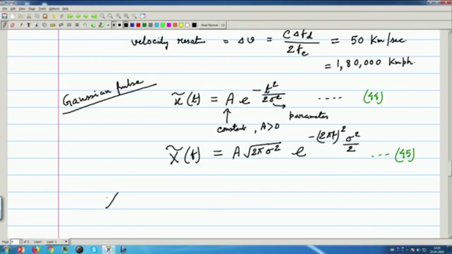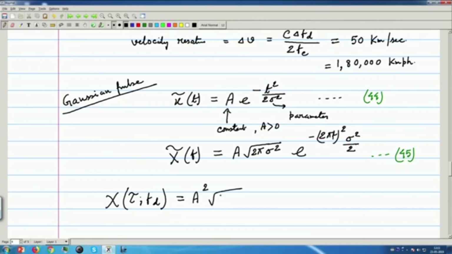Now the ambiguity function. I am writing the ambiguity function because you will have to do whatever I did for the rectangular pulse, a similar thing here. You can understand that, again break it into two parts and you can do it, but this is not a mathematics class.